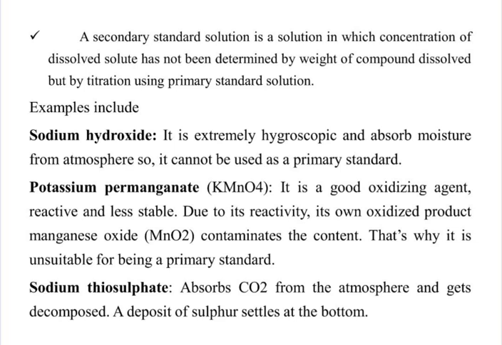That's why it is unsuitable as a primary standard. Third one, sodium thiosulfate. It absorbs CO2 from the atmosphere and gets decomposed. A deposit of sulfur settles at the bottom.